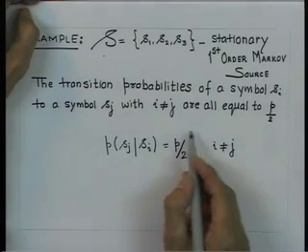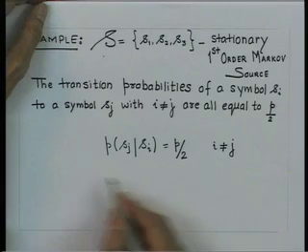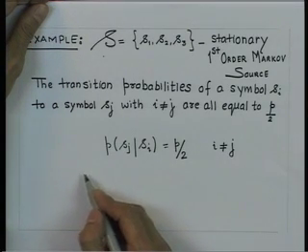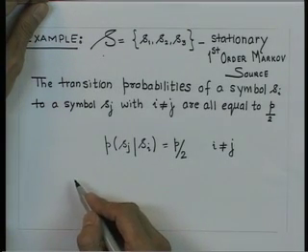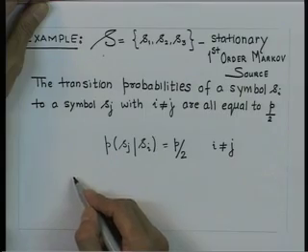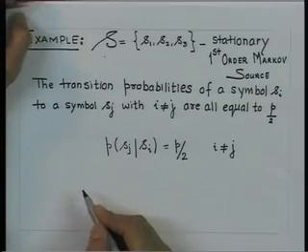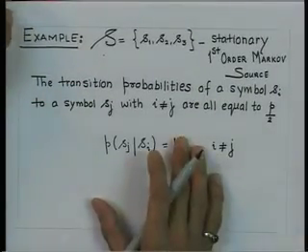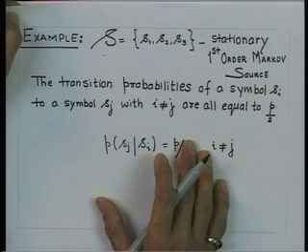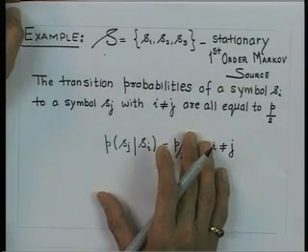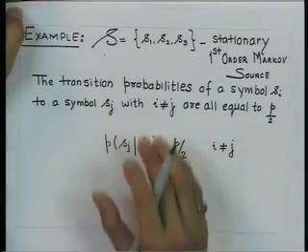Now let us try to calculate the different values for information measures which we have studied so far. The first thing that is to be done before we do the calculation is to draw the state diagram for this source.